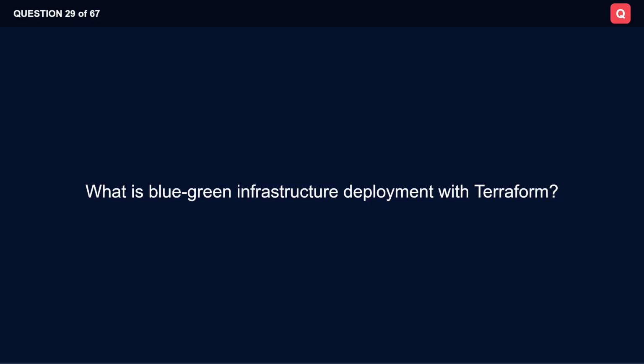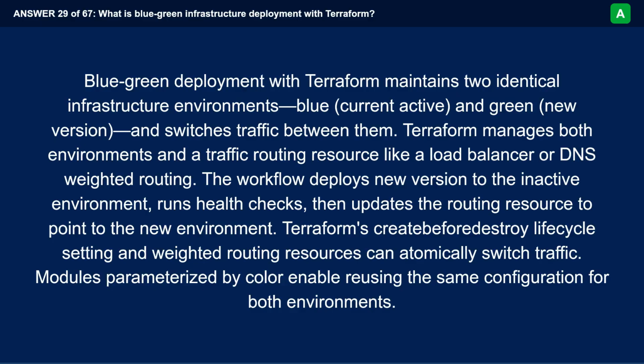What is blue-green infrastructure deployment with Terraform? Blue-green deployment with Terraform maintains two identical infrastructure environments, blue, the current active, and green, the new version, and switches traffic between them. Terraform manages both environments and a traffic routing resource, like a load balancer or DNS-weighted routing.